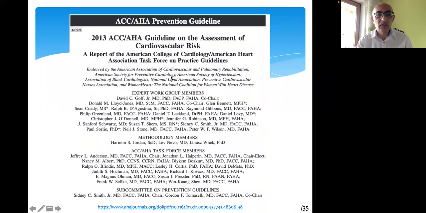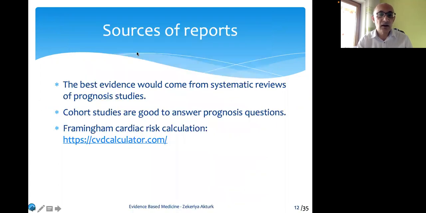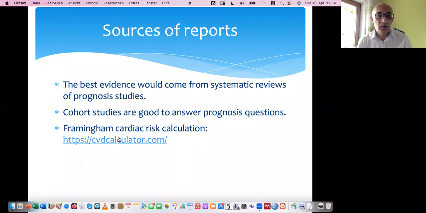One alternative to these figures or tables, charts, is the risk calculators. And when we speak of cardiovascular risk calculators, we have different guidelines developed for this purpose. One is the ACC/AHA guideline, and the Framingham risk calculator is also very famous. You should know. Here, Framingham risk calculator. I must also click on that.